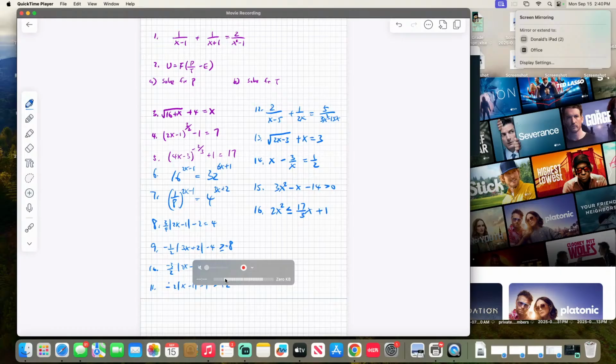Now again, you can probably choose to do combined fraction, conjugate, and then solve it. It's going to be a lot more difficult, but let's figure out if we can find a way that you can do this question much more easily.